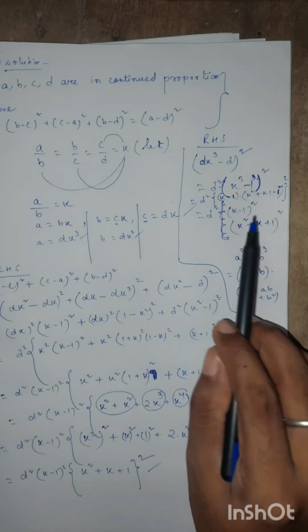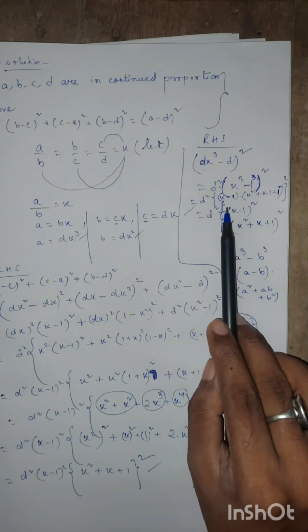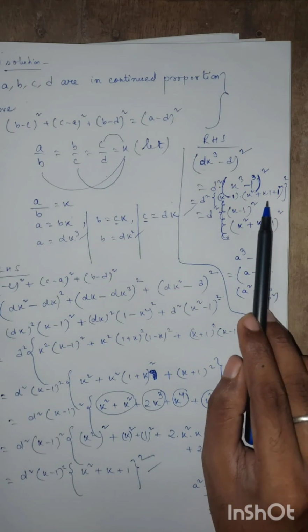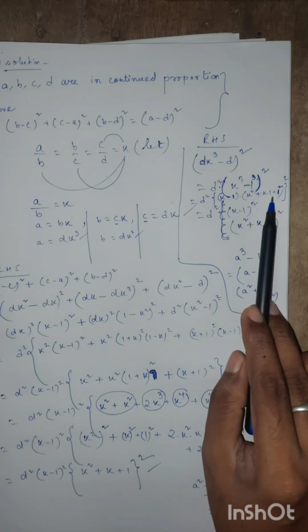So this thing can be compared to this thing, a cube minus b cube. So according to this formula, we can expand it, or we can modify it, you can say.